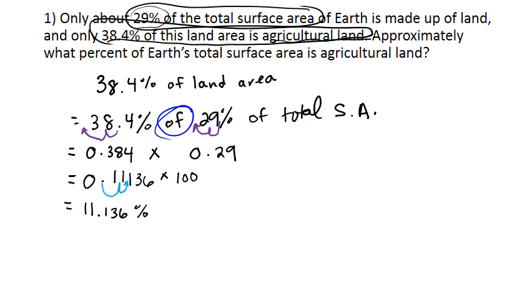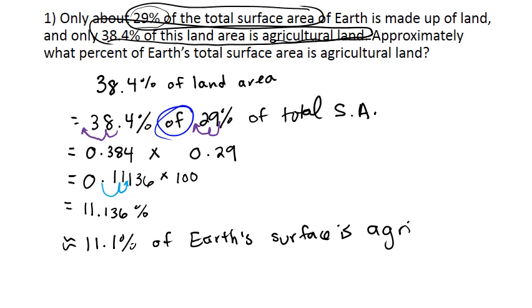So that means approximately, we want to round this to 1 decimal place, be 11.1% of Earth's surface is agricultural land. Now that's how we calculate a percent of a percent.